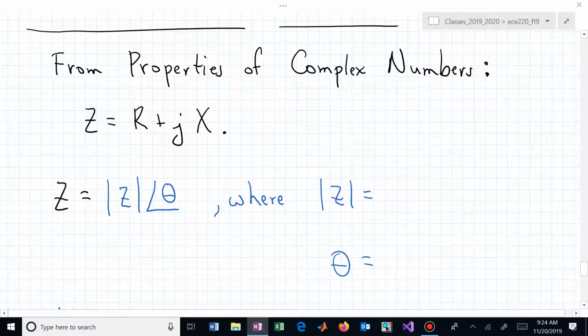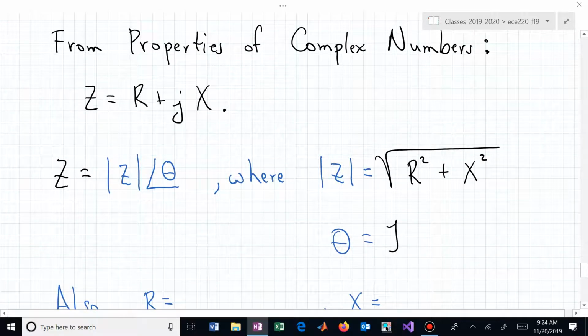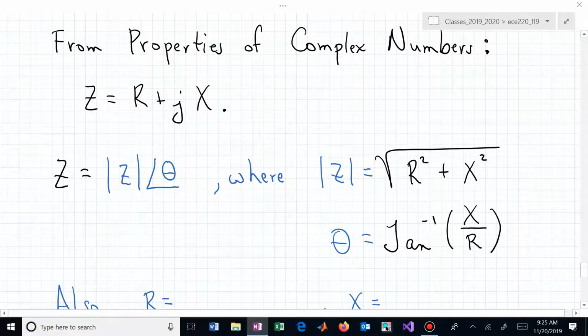So now how do we describe the magnitude of Z in terms of R and X? That's just a property of complex numbers. We can say, oh, that's just the square root of our resistive part squared plus the imaginary part squared. The angle of that impedance, we just say, oh, that's the inverse tangent of the vertical piece over the real component.